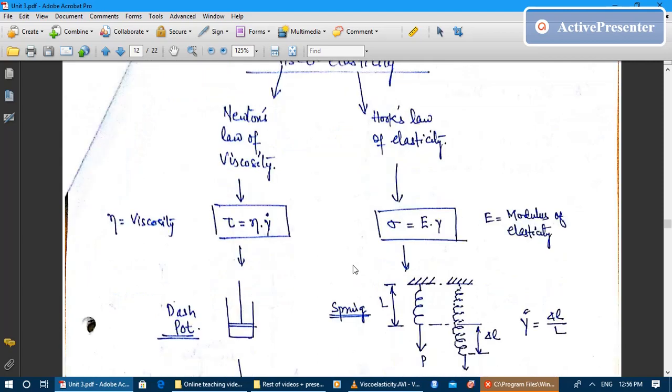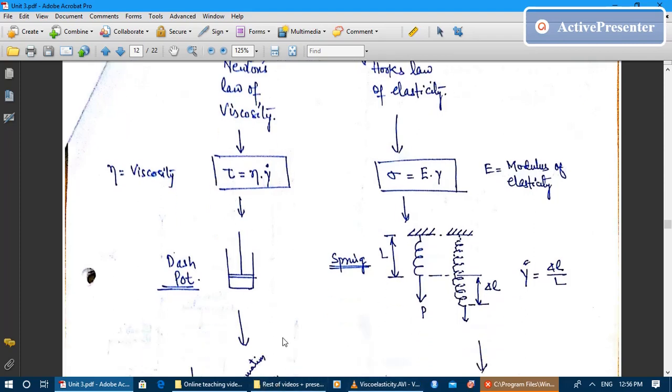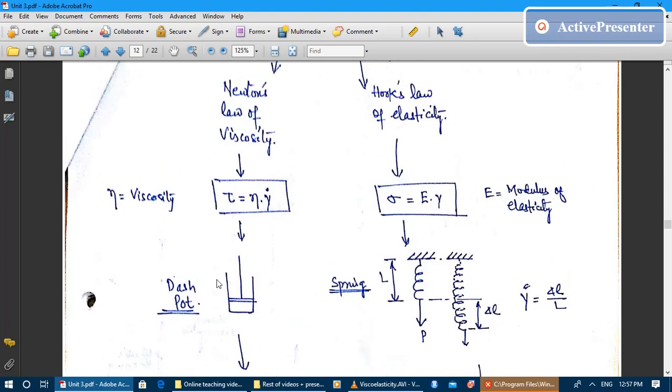So as such, there is neither spring nor dashpot present inside the polymer, but it's the primary bonding and secondary bonding, which are going to be deformed during the stretching, that are responsible for this behavior. So in order to understand viscoelasticity, we will be using a dashpot and a spring for our understanding, and you have to keep in mind that there is no such spring or dashpot inside the polymer. Okay.